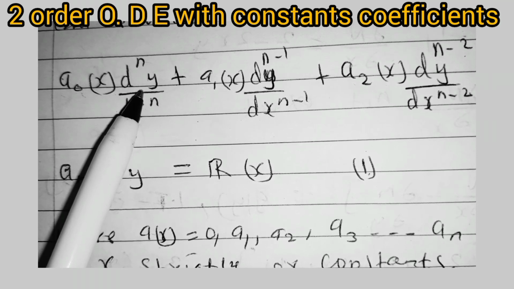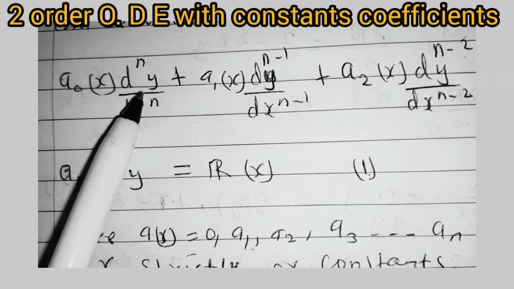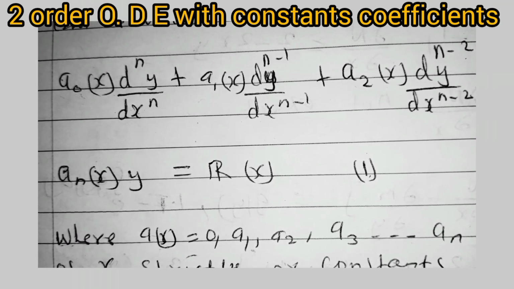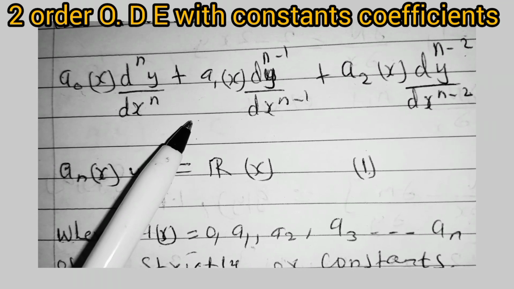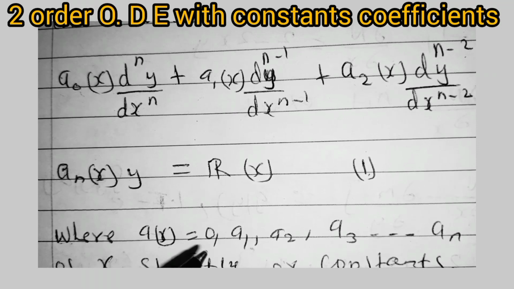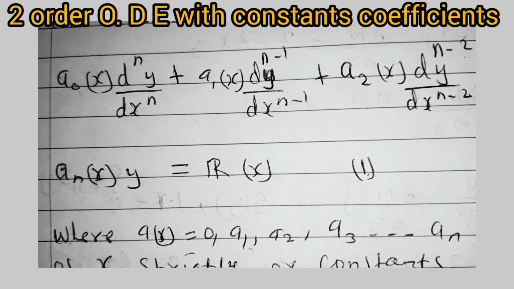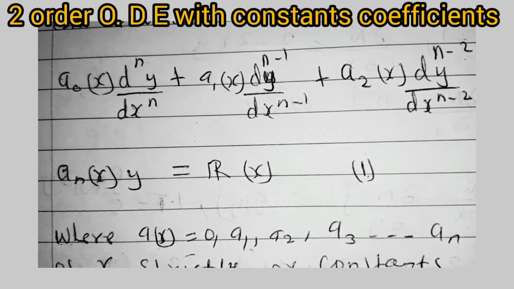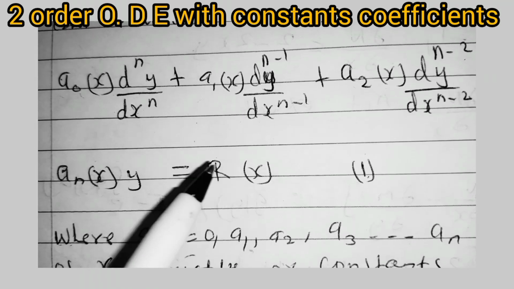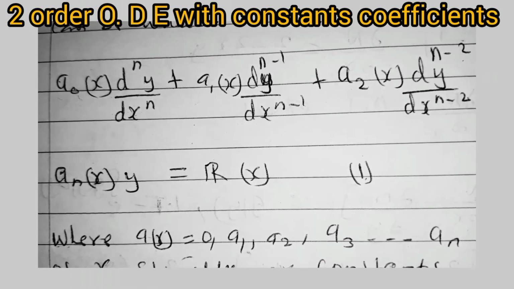Where r is not equal to 0, the equation is linear and non-homogeneous. And where r is equal to 0 and all the functions of y are of the same degree with its derivatives, then the equation is homogeneous. So this equation can be linear and homogeneous, linear and non-homogeneous, and homogeneous, depending on the value of r(x).